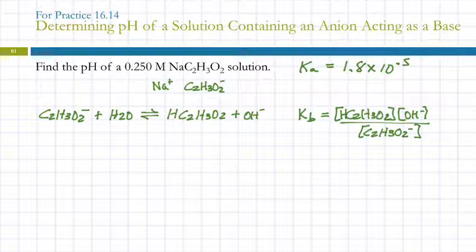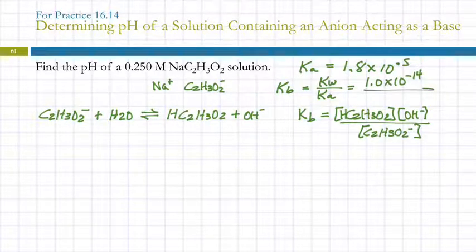So Kb is equal to Kw divided by Ka. Make sure that you're using scientific notation correctly in your calculator.